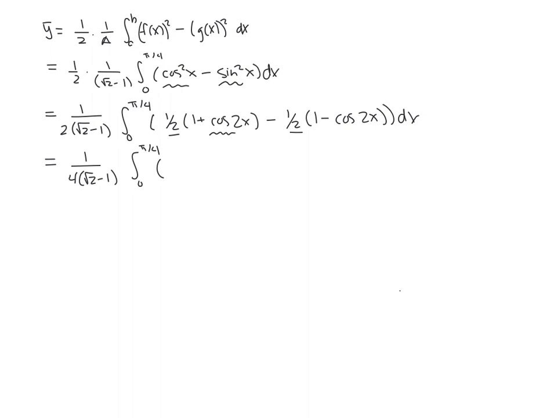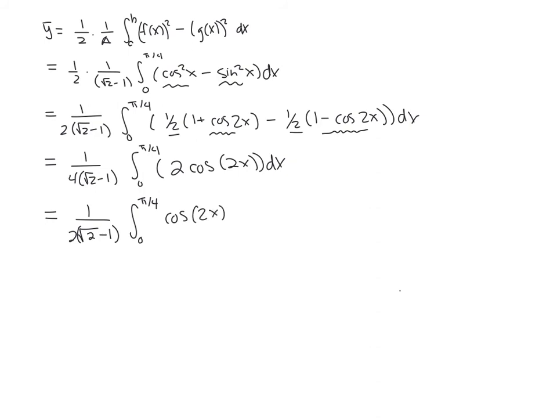And I have this cosine 2x minus this negative cosine 2x, making 2 cosines of 2x. And that 2 can cancel with the 4 in the denominator, making this into 1 over 2 times the quantity root 2 minus 1. And we still have to integrate our cosine function, but that's not super hard.